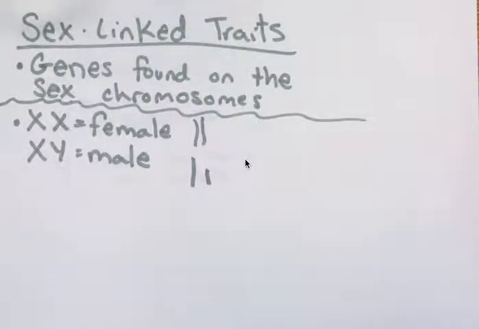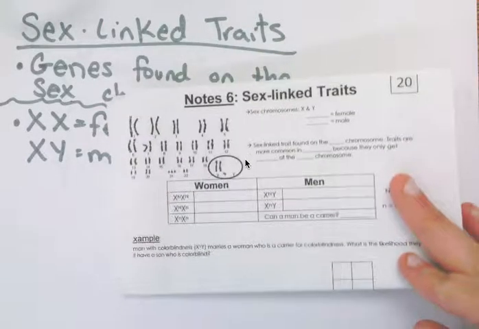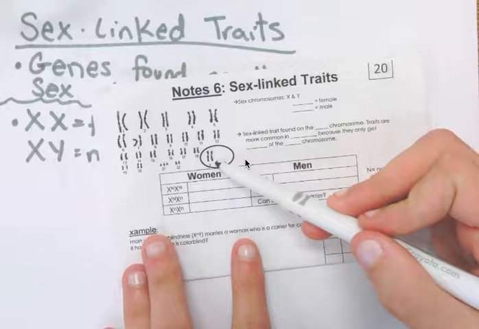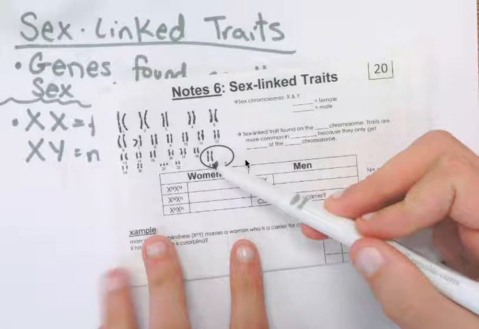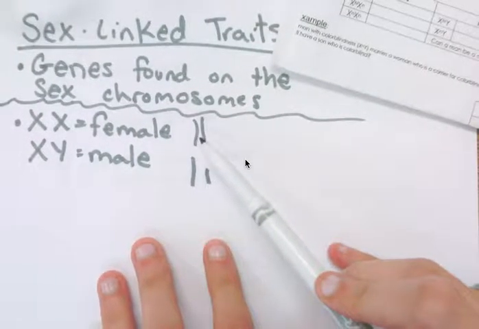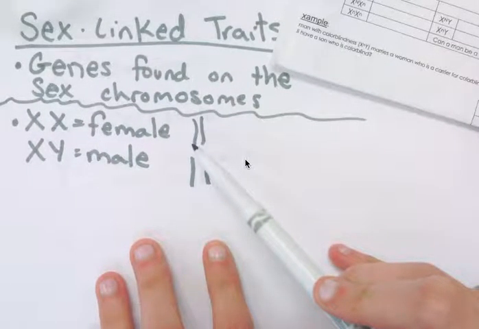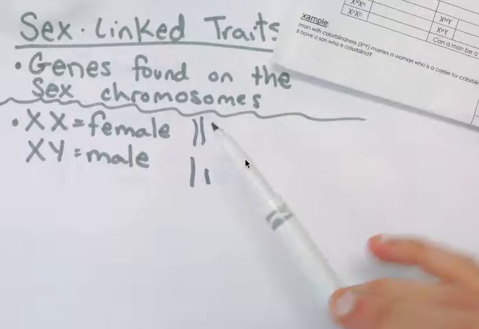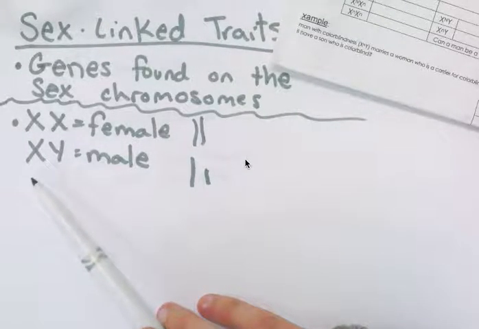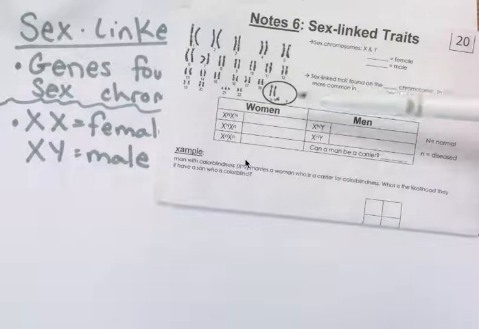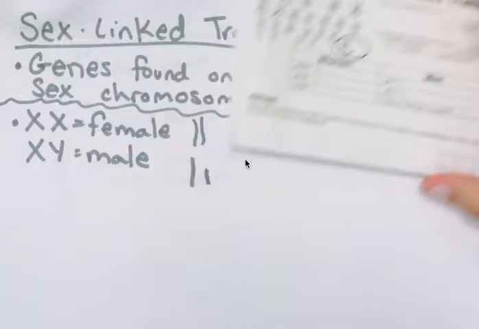Now the sex chromosomes, if you're looking at them on a karyotype like we have here, are always shown as the very last pair. Females have two X chromosomes. They are the larger size chromosomes. And males have one X chromosome and one Y. So it's a clear difference if you're looking at a karyotype as to if you're looking at a male or female.